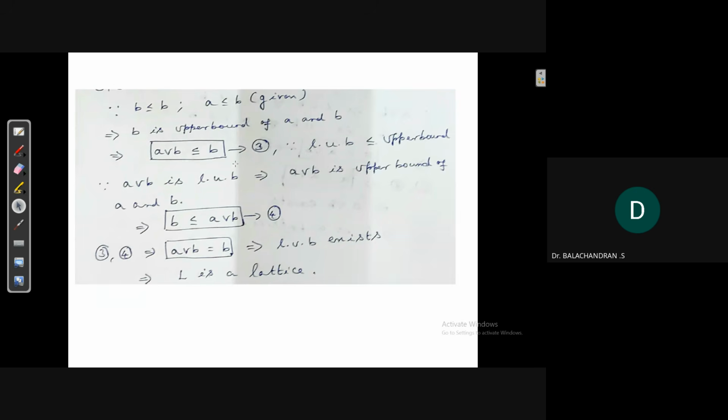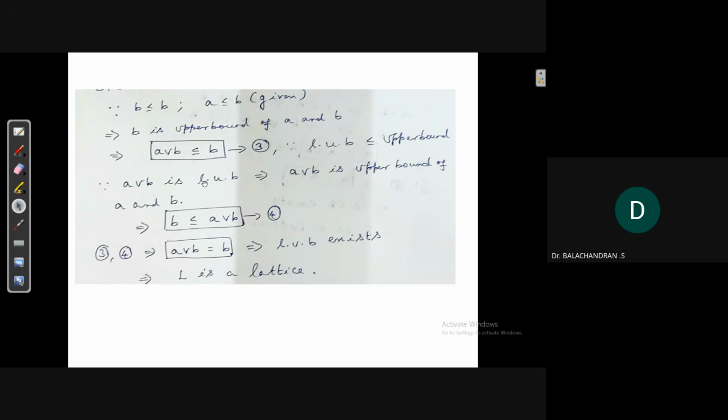Okay. Next, again I start from fresh. Since A or B is the least upper bound of A comma B, this implies A or B is an upper bound.